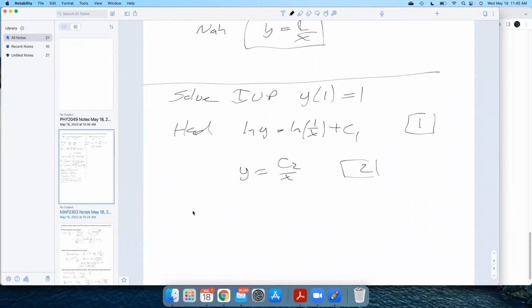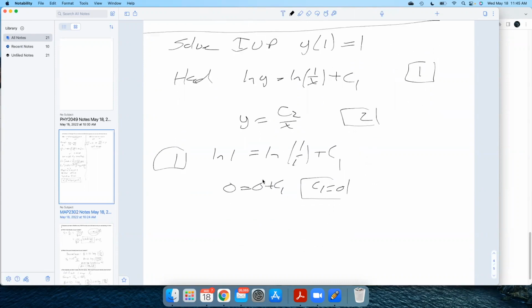Let's do it. So using version 1, if I plug in a 1 for x and a 1 for y, I'll get natural log of 1 equals ln of 1 over 1 plus C1. Natural log of 1 is 0. 0 equals 0 plus C1. So C1 equals 0.